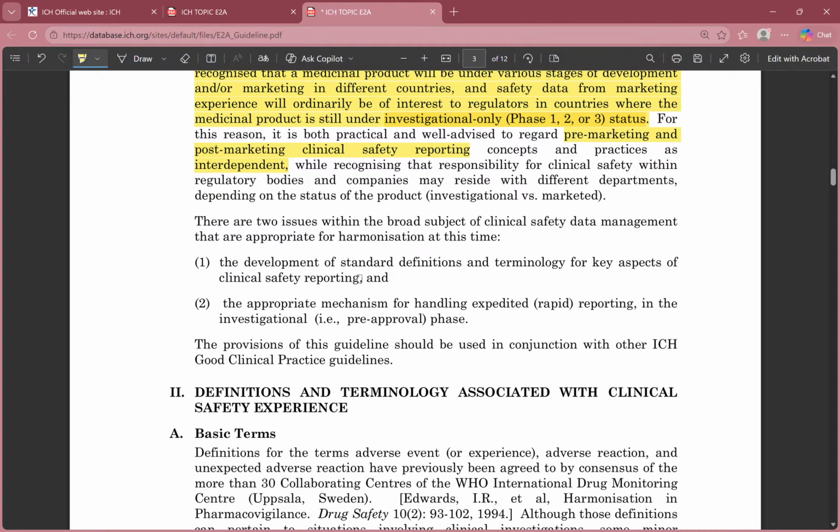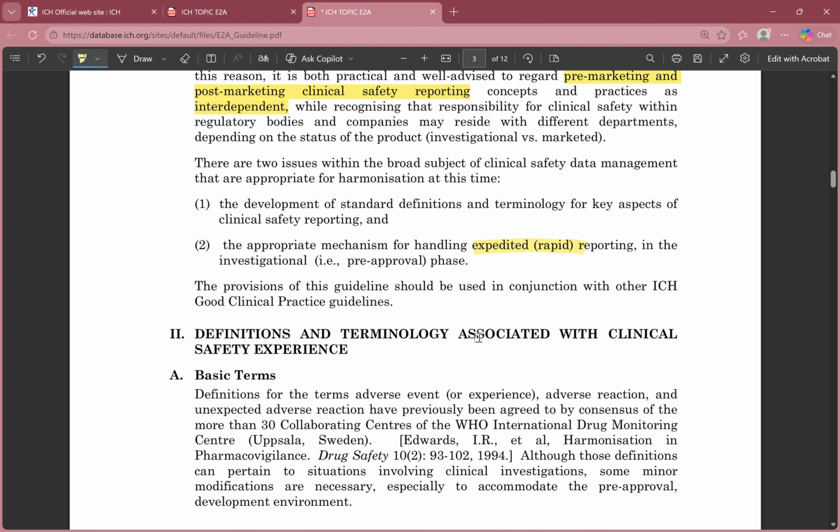First is creating a standard definition and terminology for clinical safety reporting. And second is creating a system for rapid, expedited reporting of usually the serious safety issues during the clinical trials. This provision of the guideline is used in conjunction with other ICH GCP guidelines.